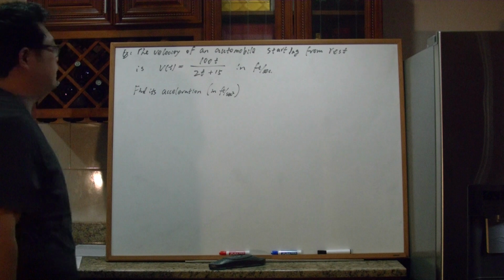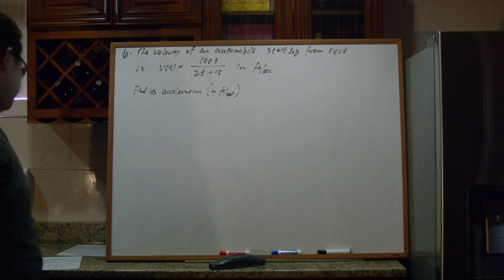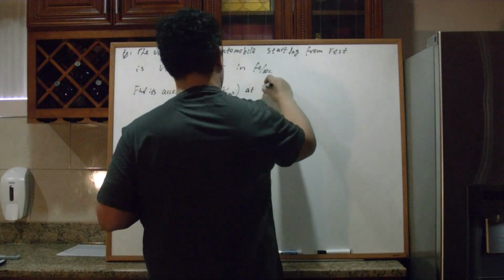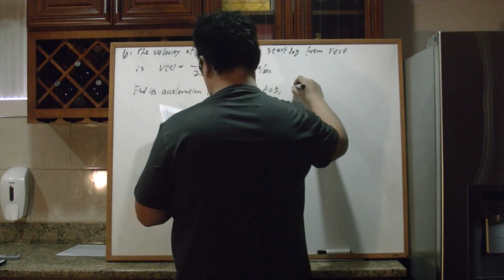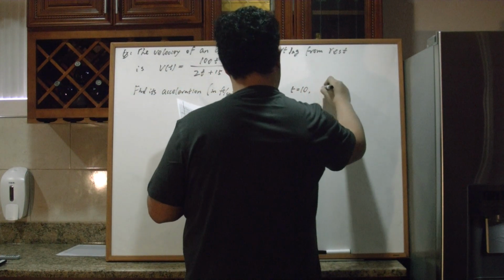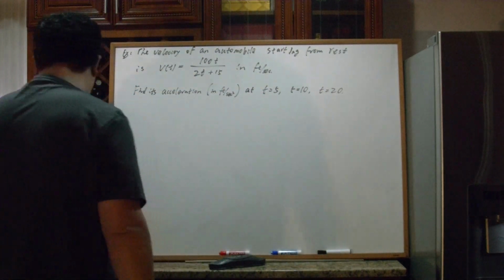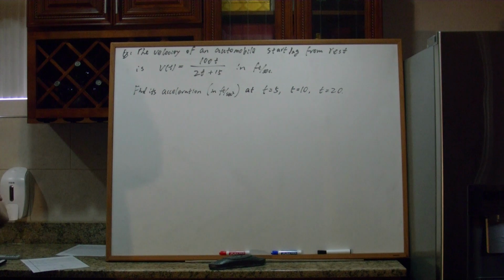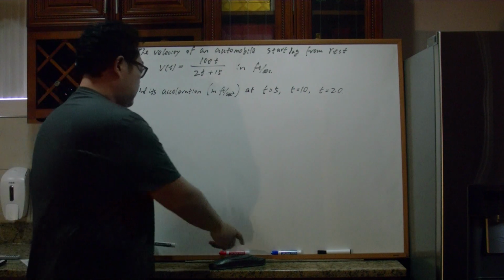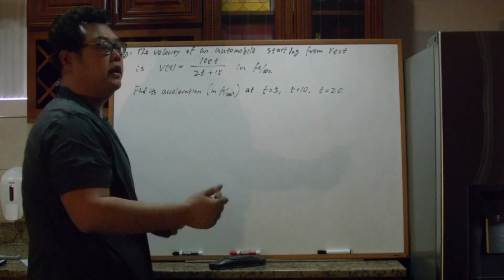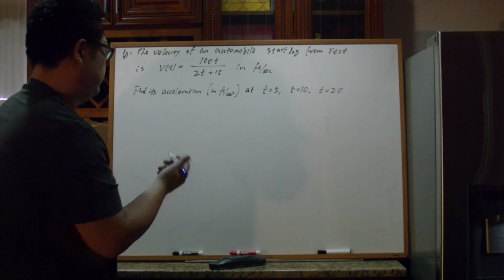The unit is feet per second squared, at different times. So we do that by finding the acceleration function first, then we just substitute the time in there, and we'll be able to get acceleration.